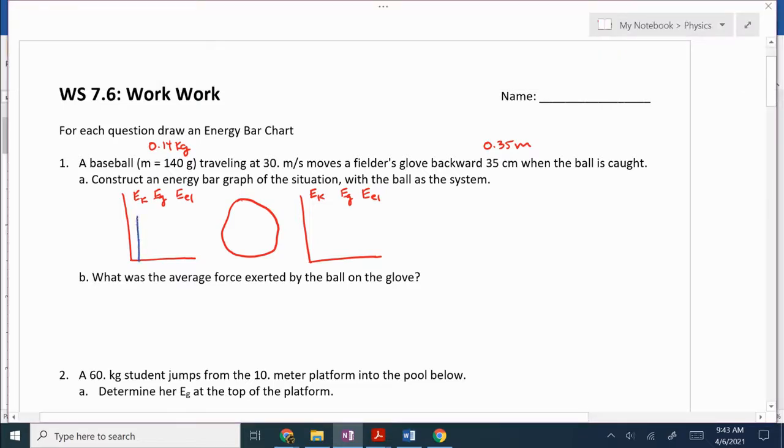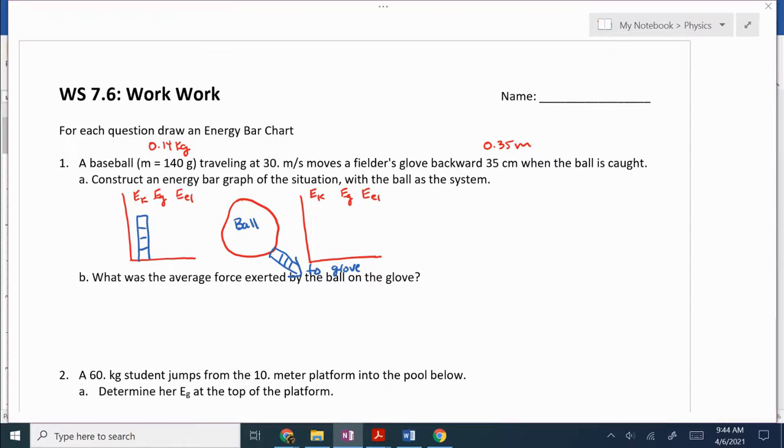We're going to start out with kinetic energy because the ball is moving. The ball is in the system, and then it is caught, and all that energy leaves, to the glove or the fielder. You can do it either way, however you want. But there you go, that's your energy bar diagram.